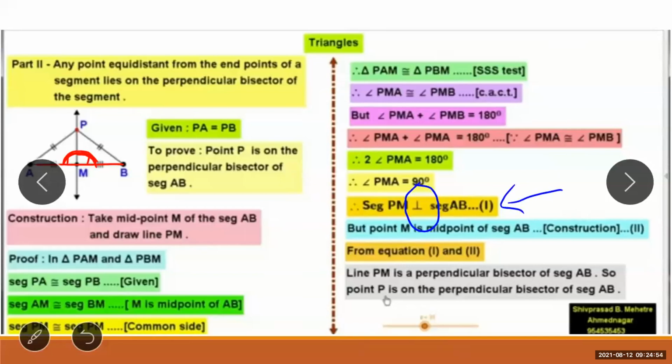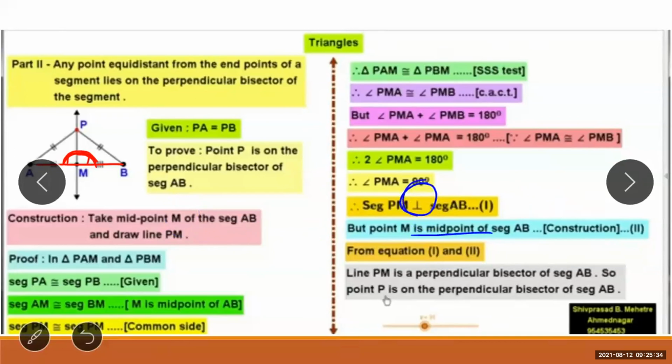Now, we also know point M is the midpoint of segment AB, because of that construction. So M is the midpoint of segment AB. That is equation 2. Now, from equation 1 and equation 2, as it is perpendicular and this is the midpoint, that will be the bisector.